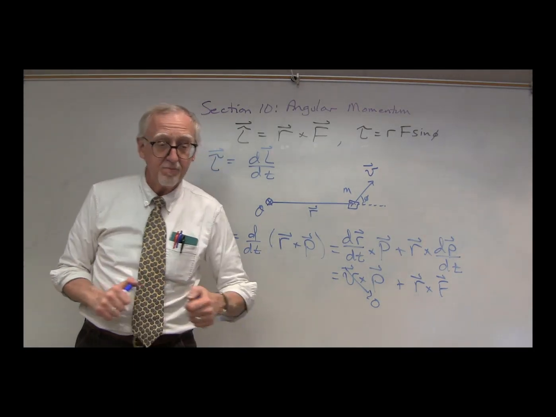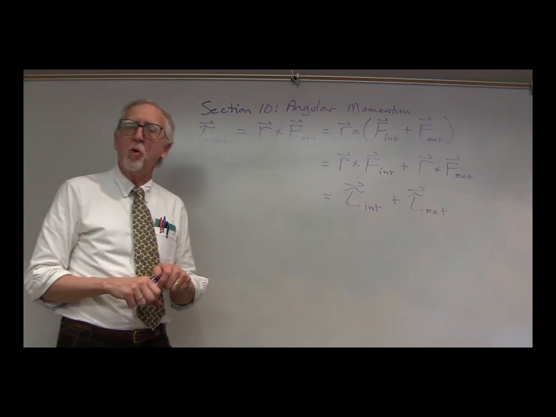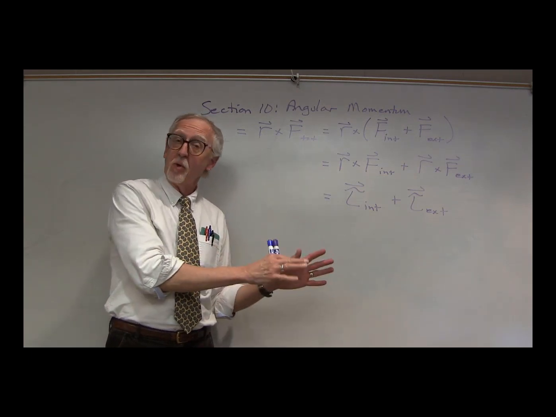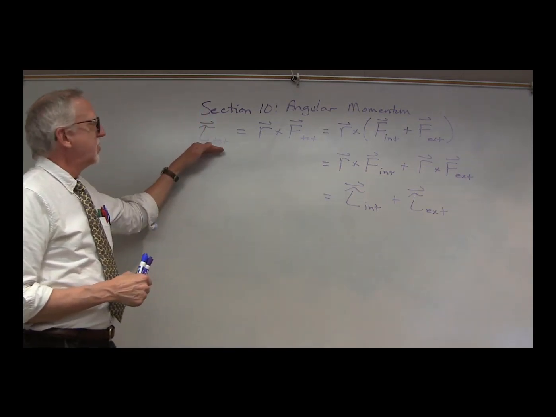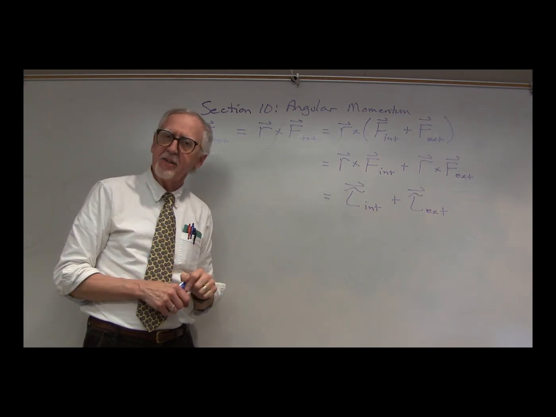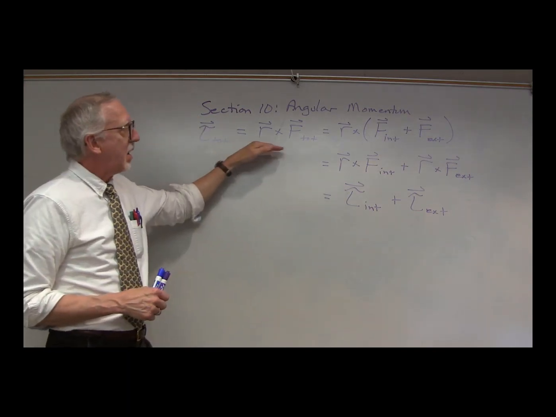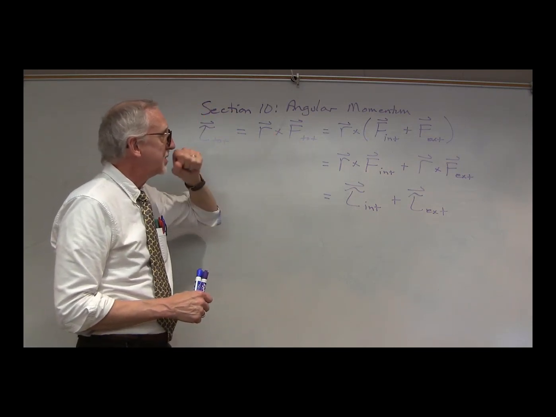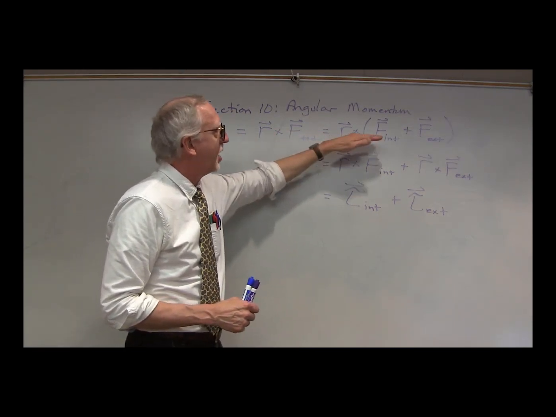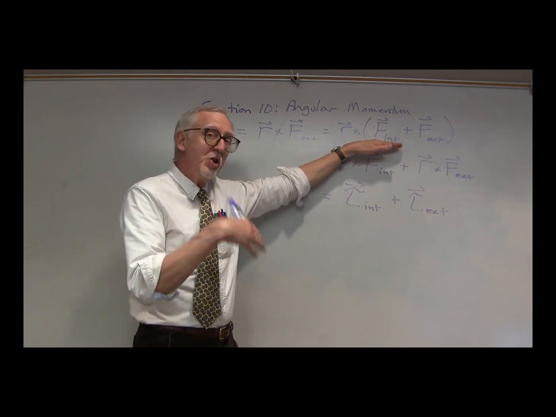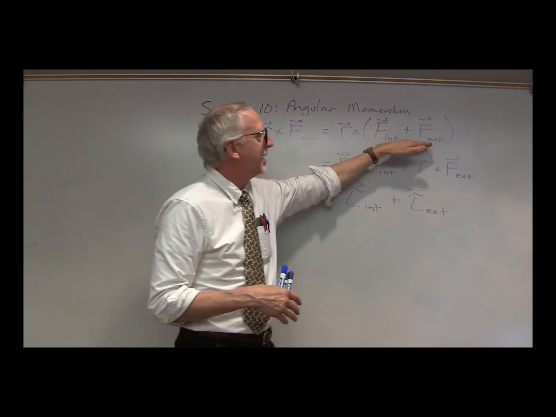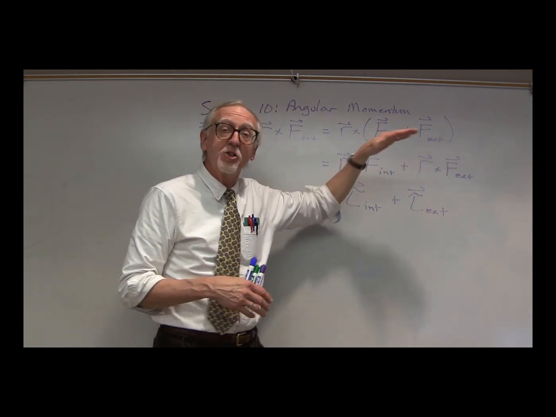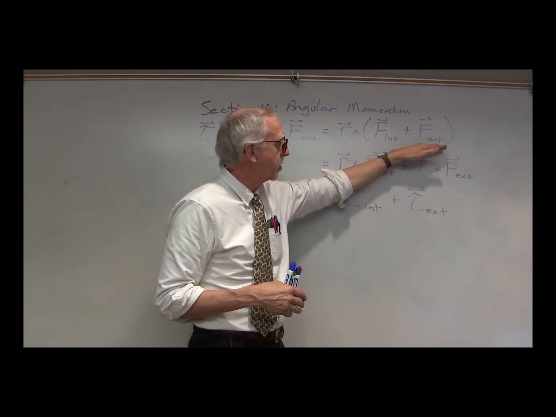Okay, very good. I'd like to go over an important point that is very similar to a point that we talked about when we were dealing with forces. The total torque acting on a system, we can think of that as R cross the total force acting on the system. The total force is the total internal force acting on the system plus the sum of all the external forces.